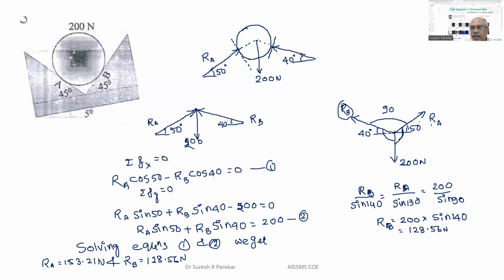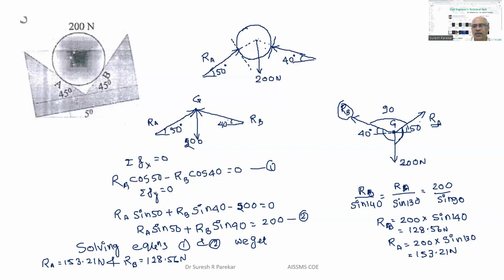And then for RA, we have this angle as 130, so RA equals 200 into sine 130, and we get 153.21 Newton. So you can solve it any way, but you have to keep in mind that we have to take all forces away from the joint. If I say this is the joint, here we have to show the forces at that joint only.